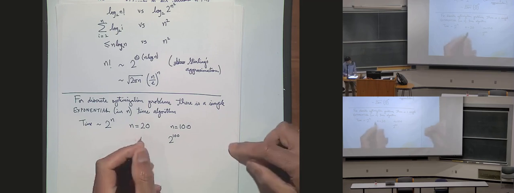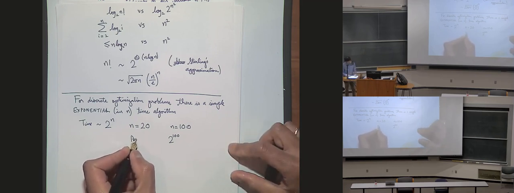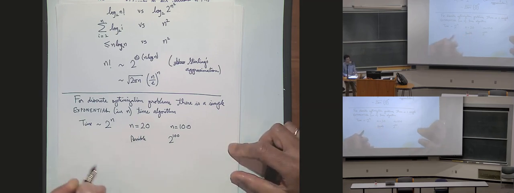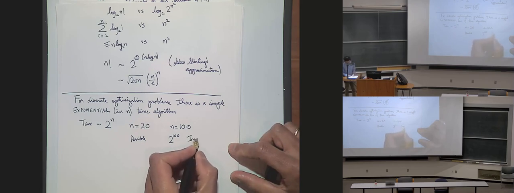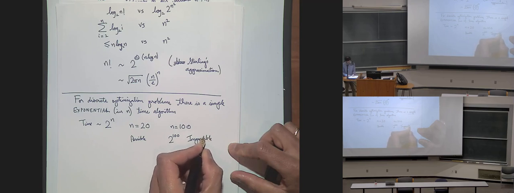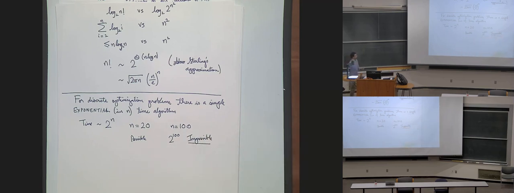But 2 to the 10 is possible, even on your laptop. This is just impossible. And by impossible, I mean impossible no matter how much compute you can afford to throw at it. So if you ever end up with a discrete optimization problem and you try to solve it directly, you'll often end up with an algorithm that just will not scale.